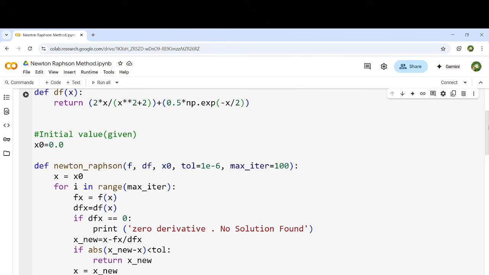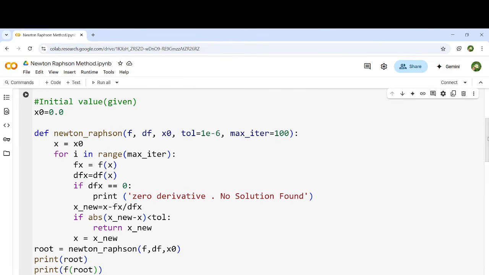Here I have taken x equals x0, which is the initial value given in the question. For i in range of maximum iteration, that is 100. Here fx is equal to f of x and dfx is equal to df of x, which is the derivative of the function. If dfx equals 0, print zero derivative, no solution found.